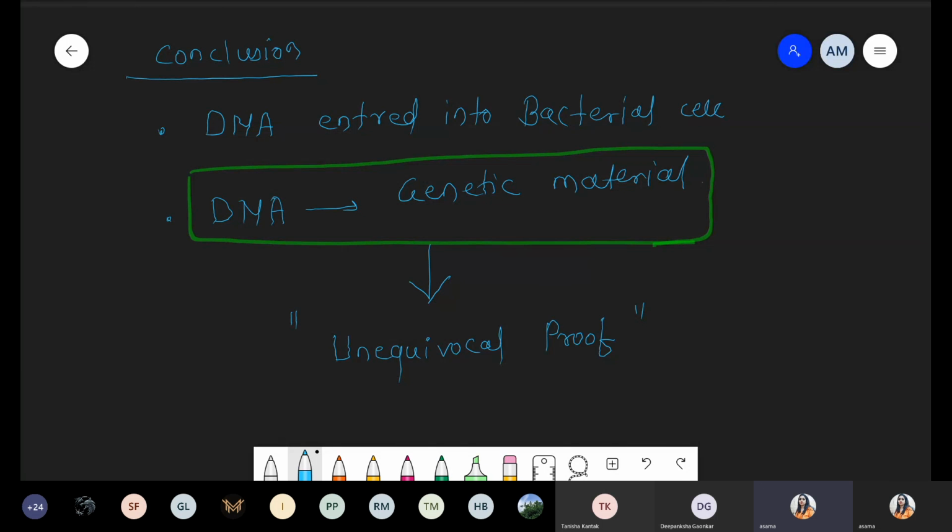But finally Hershey and Chase used a live organism like phage and E. coli bacteria, and used the radioactive technique, and on that basis they finally proved that yes, this is unequivocal proof, meaning without any doubt 100% true. So remember this word, you will get it in the options. There is one question out of those 3 experiments: which experiment shows the unequivocal proof? That experiment is the Hershey and Chase experiment.